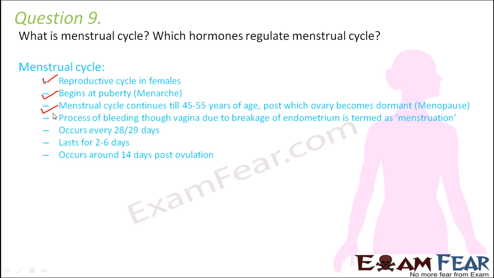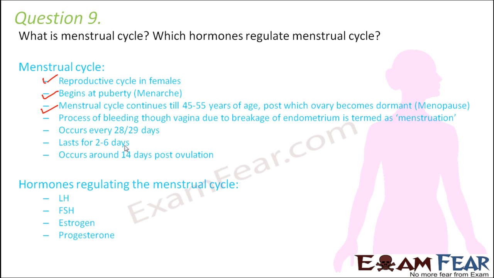Over a period of time, periodically there is bleeding through the vagina, which occurs due to the breakage of endometrium, and this process of bleeding is called menstruation. It occurs every 28 or 29 days and lasts for 2 to 6 days, and it occurs 14 days after ovulation. So this is all about the menstrual cycle.